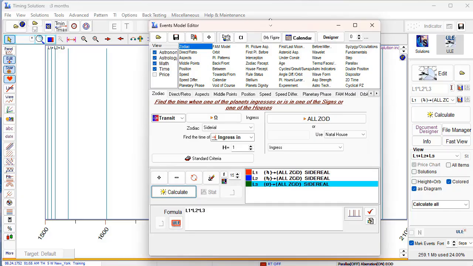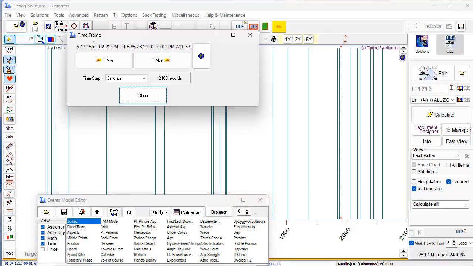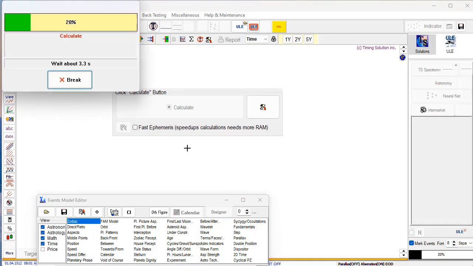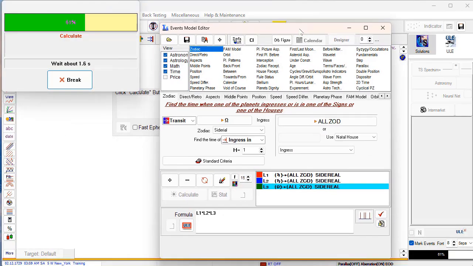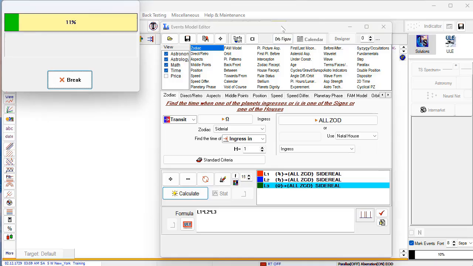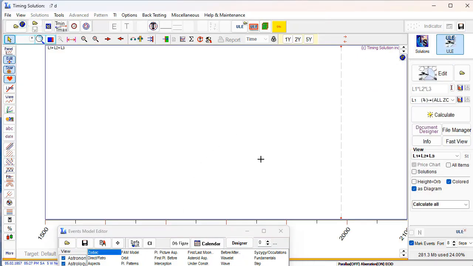And another example, let's switch to 1 week, 7 days. No. You see?